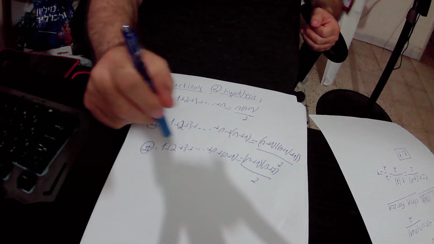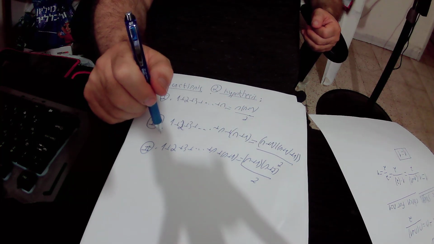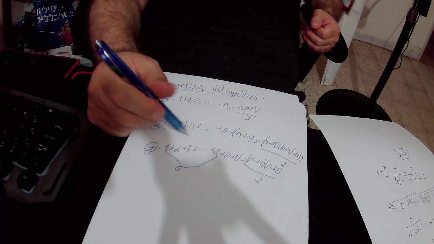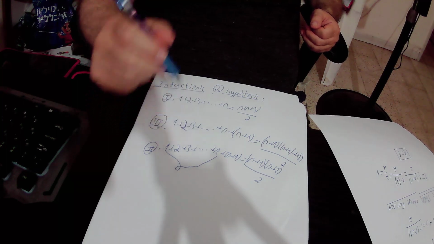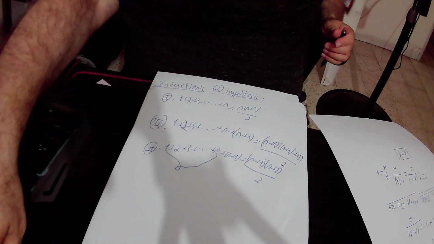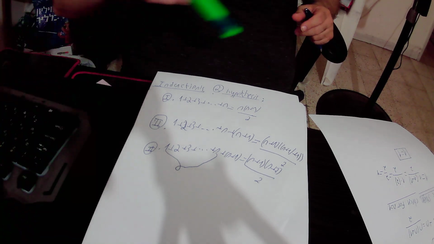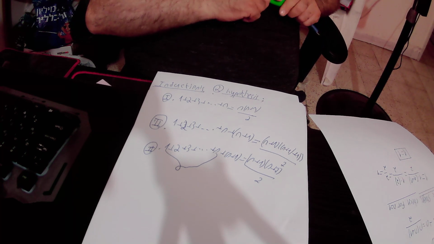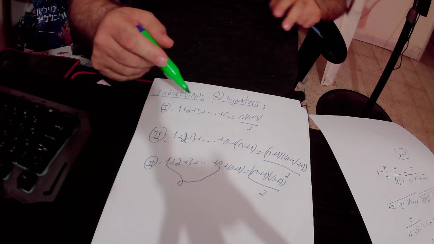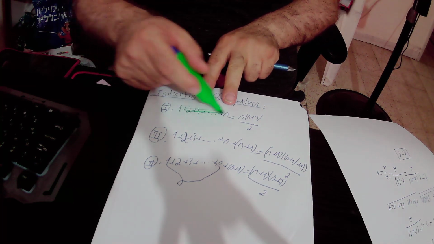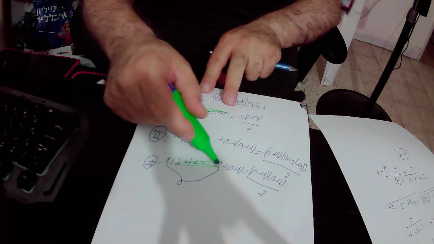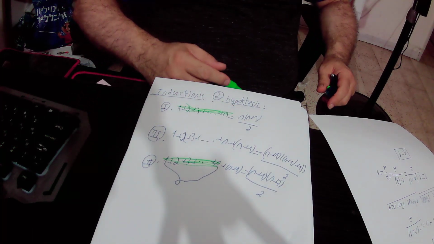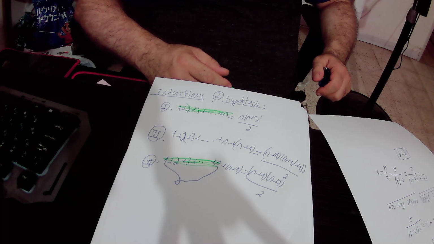So in order to prove the second equation, we should look at this expression 1 plus 2 plus 3 plus ... plus n, and as you can see, 1 plus 2 plus 3 plus ... plus n is exactly identical to this expression, so they are identical to each other, the expressions that are in the green color.